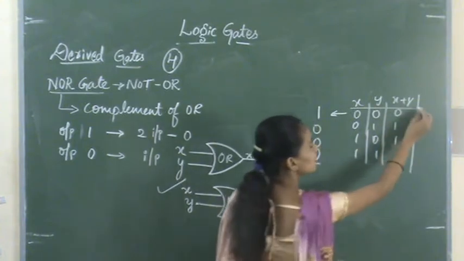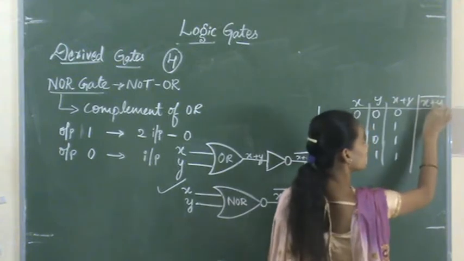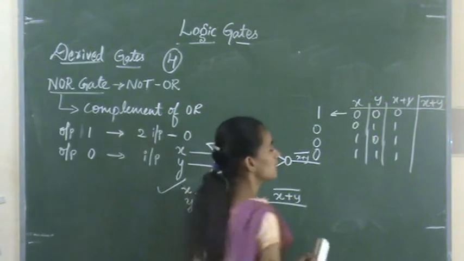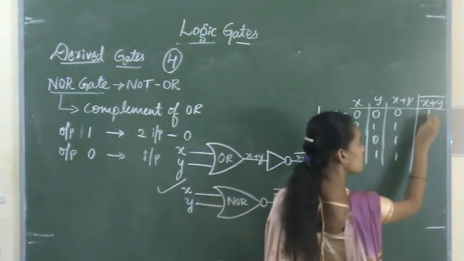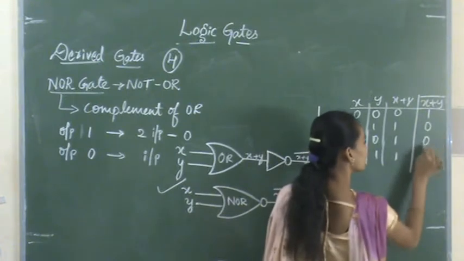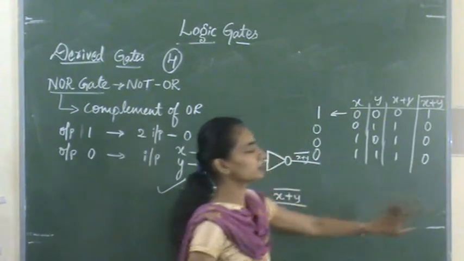So what is the complement of X plus Y whole bar? Whole bar means it is a complement of the result. So the complement of 0 is 1, and the complement of 1 is 0, right? So this is the truth table for the NOR gate.